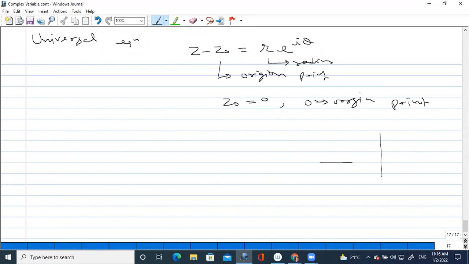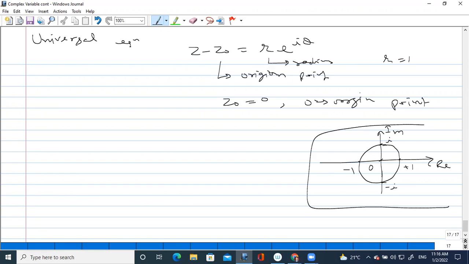So it means your circle will be like this. This is the imaginary part, this is the real part, this is your origin. So origin will be 0, and because r we have taken here 1, it is a unit circle. And unit circle means it will cut here at i, it will cut here at minus i, here at plus 1, here minus 1. So this is the meaning of that. This is known as unit circle.